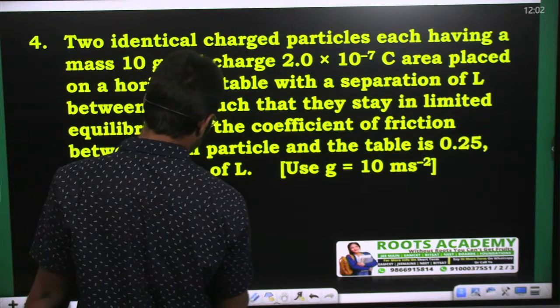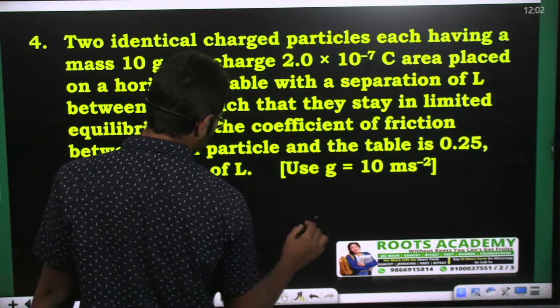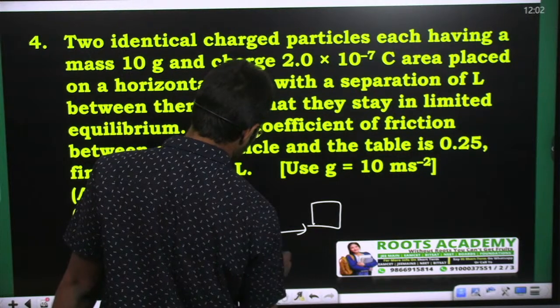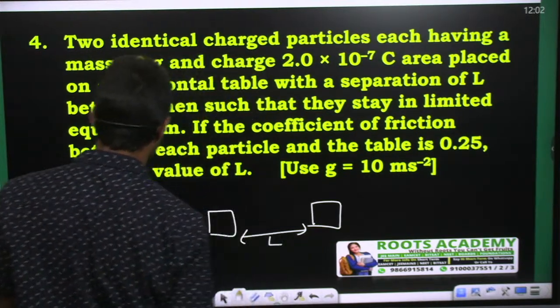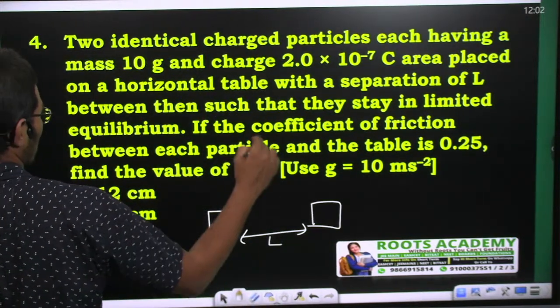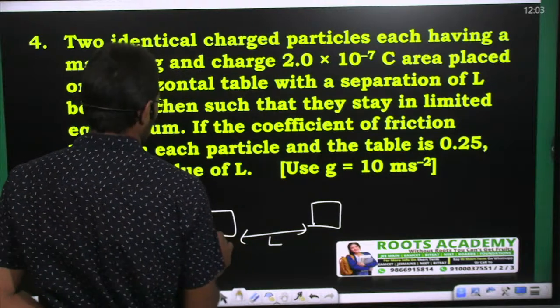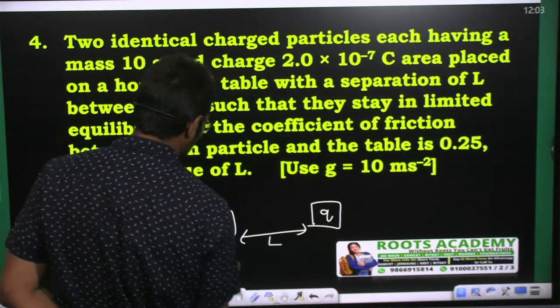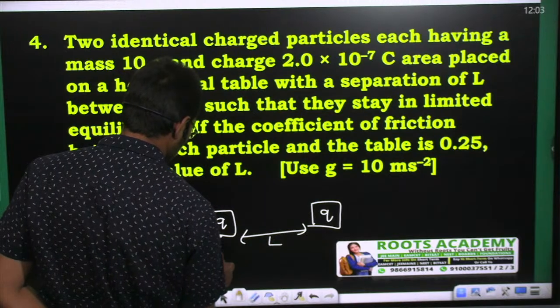See, two charges Q which are at a distance of L. The coefficient of friction between them is mu.